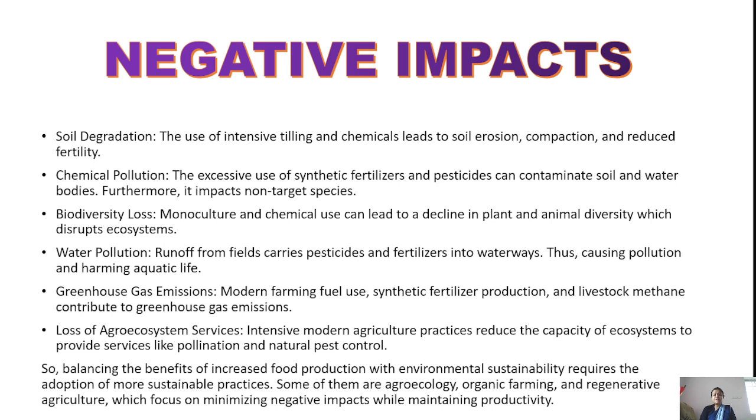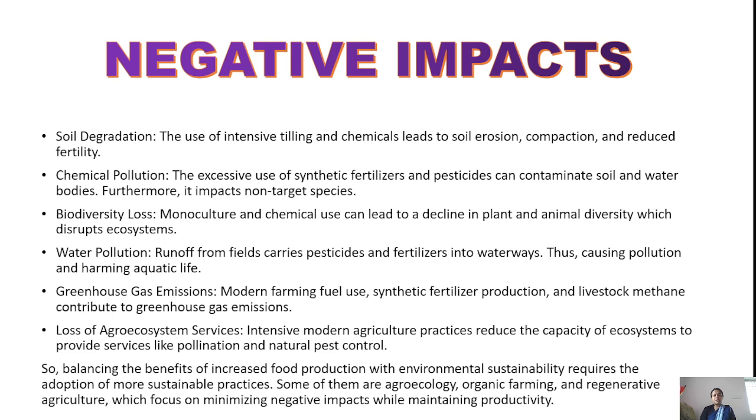Monoculture and chemical use lead to a decline in the plant and animal diversity that disrupts the ecosystem. Water pollution. Since the fields are carrying pesticides and fertilizers, the water we are using runs off from the fields towards the waterways, causing water pollution and harming the aquatic life. Greenhouse gas emission.